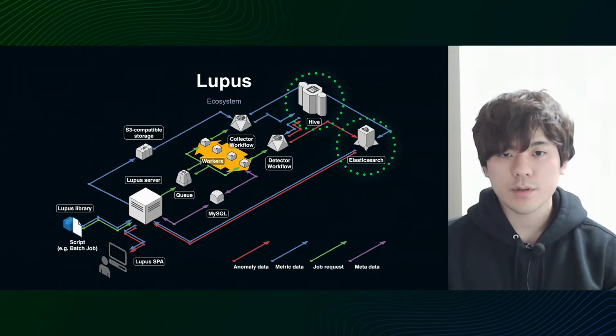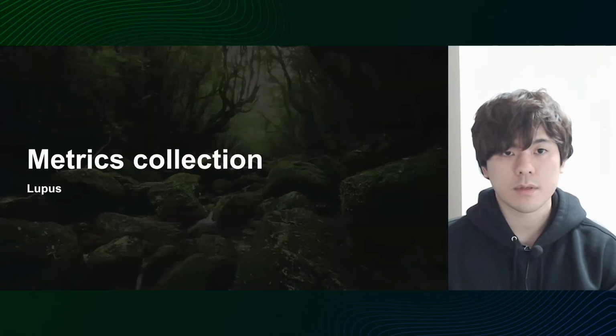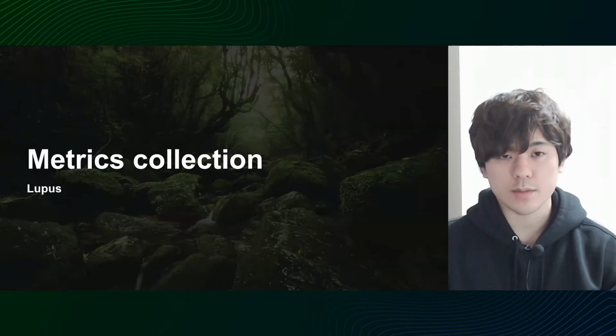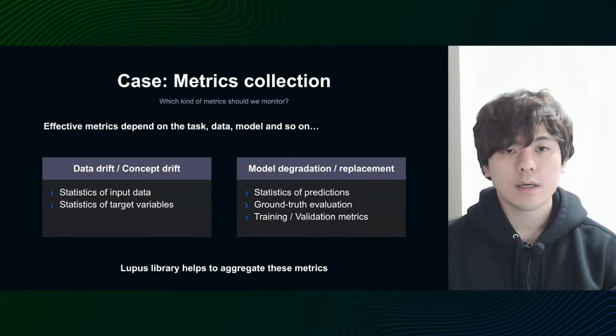I will now introduce the functions provided by Lupus and their use cases in 3 categories: metrics collection, anomaly detection, and visualization. Let's start with the collection of metrics. As mentioned in the first half, MLOps requires monitoring of data and models.